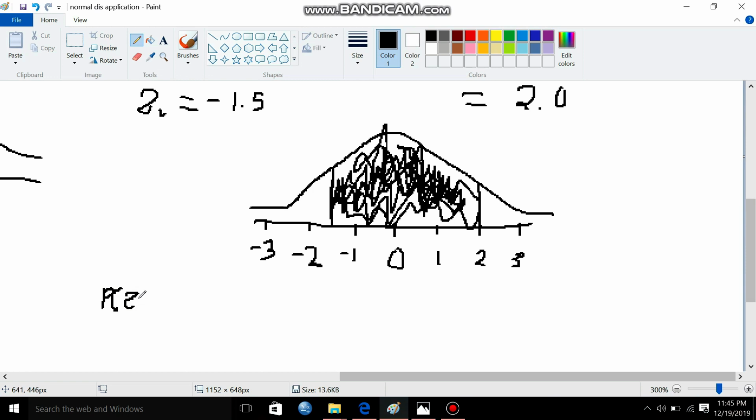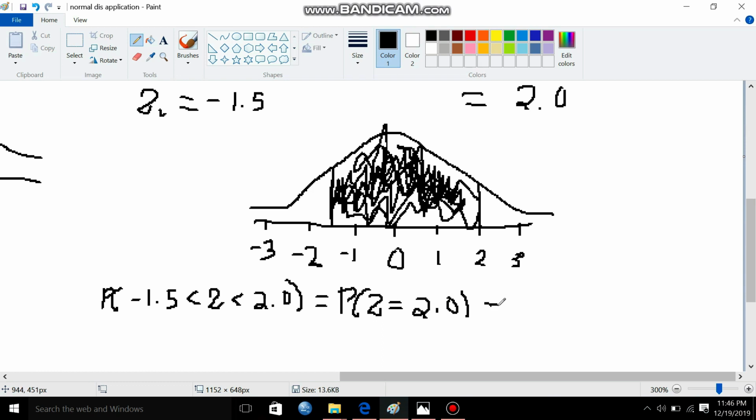The probability of z between negative 1.5 and 2.0 is simply equal to P of z equals 2.0 minus P of z equals negative 1.5.